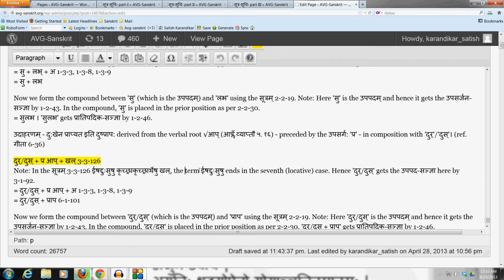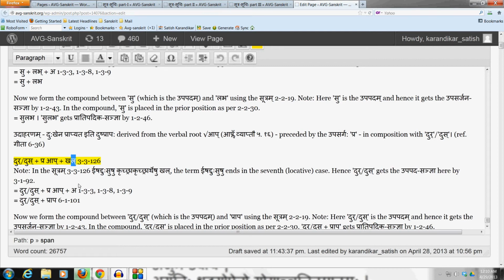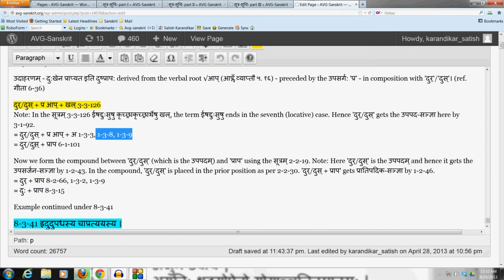The term ishadusushu ends in the seventh locative case, hence dur or dus gets the upapada sanya here by 3.1.92 tatropapadam saptami stham. Remove it letters as we did before. Lakarasya it sanya by halantyam, khakarasya it sanya by lashakvataddhite, and tasya lopaha. So we get dur or dus plus pra, ap. This causes dirgha between pra and ap, so we get dur or dus plus prapa.